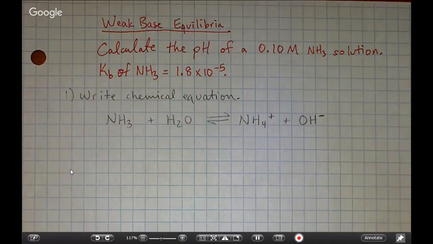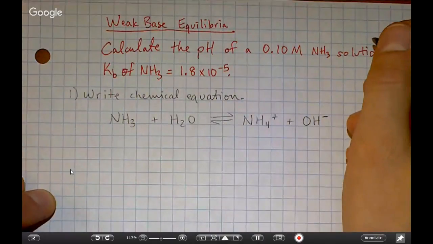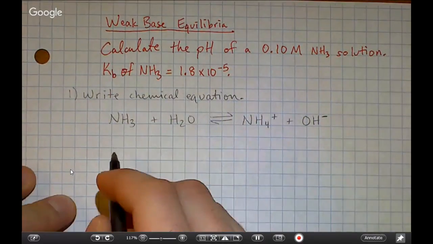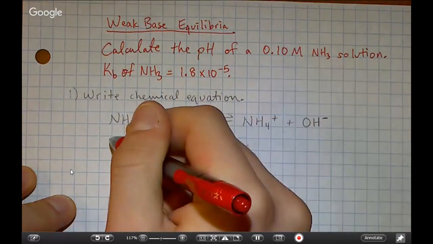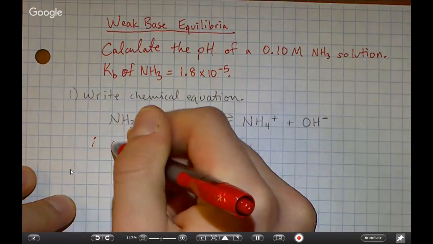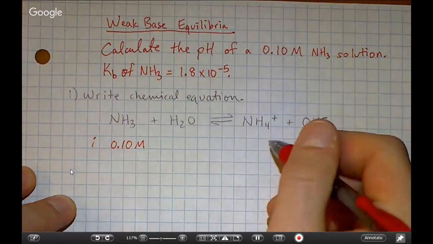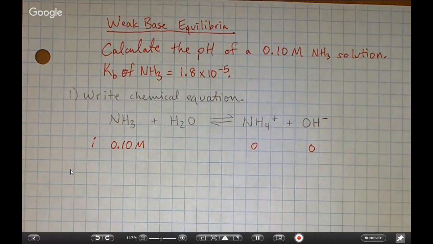So as we look at this, let's go ahead and fill in the information that we know. We know NH3 initially is a 0.10 molar solution, and our products, we should have 0 of them because we haven't put it in water yet.